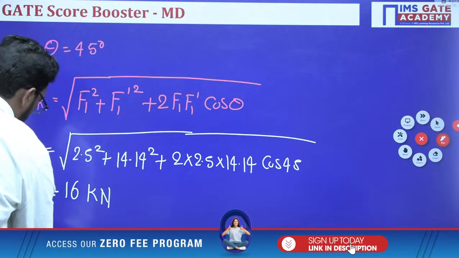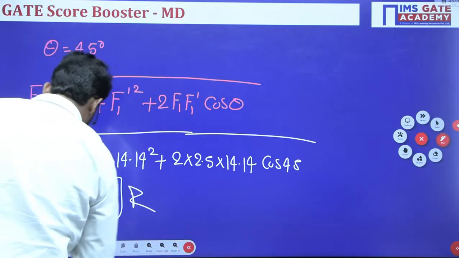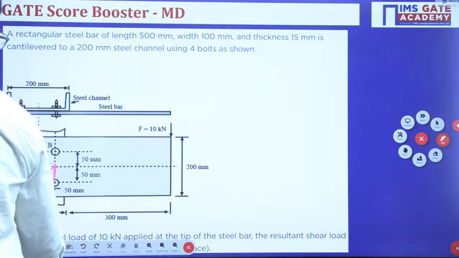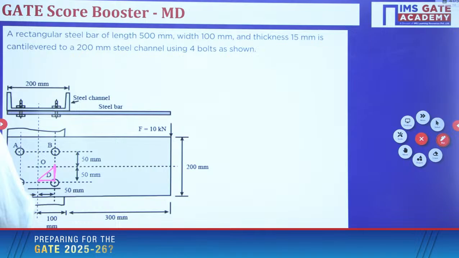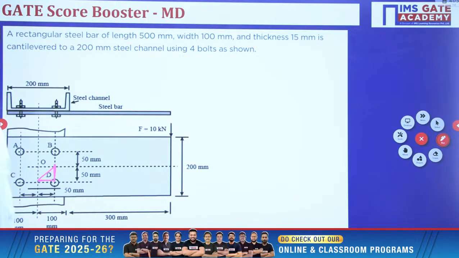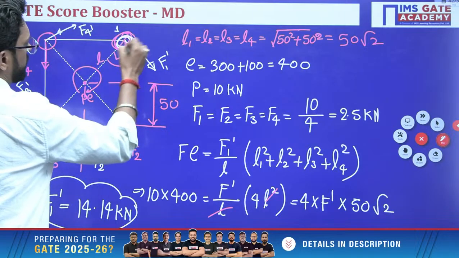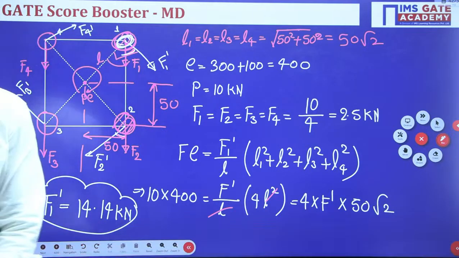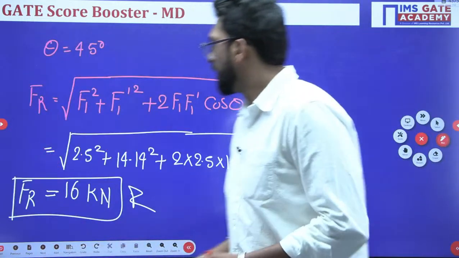This is your resultant force. And this is the answer of this question. They are asking the resultant shear load on the bolt B. The bolt B. Clear? Clear, beta? So this is the question related to the rivet.